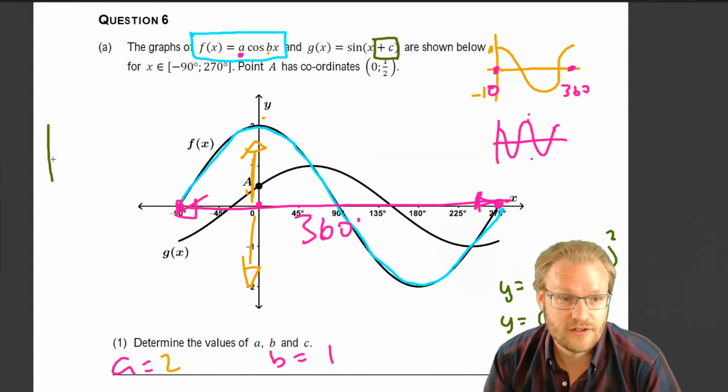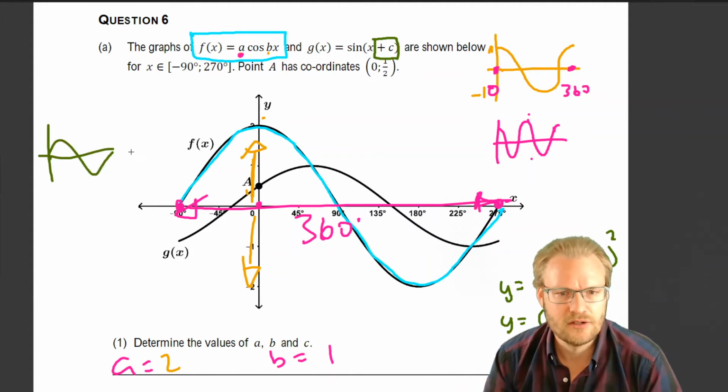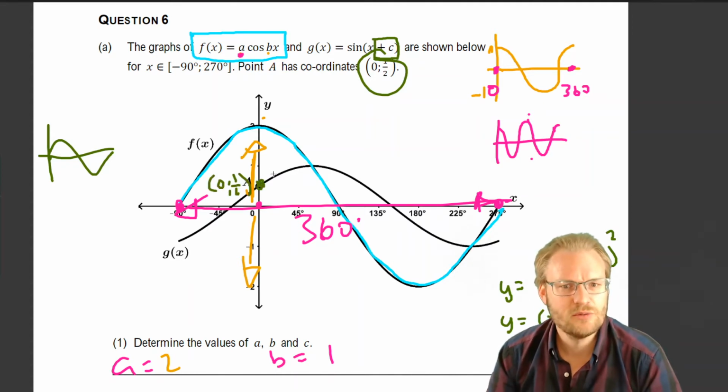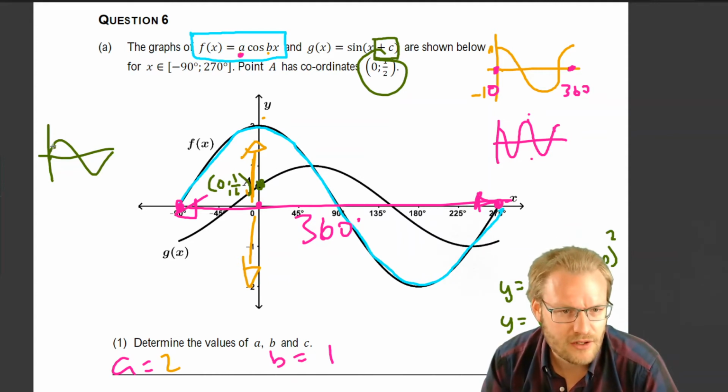So if you have in mind what y equals cos x looks like, then all you have to know is how much have we moved this graph? Well, here's our key bit of information. This part here is 0.5. When would this normally go through a half?